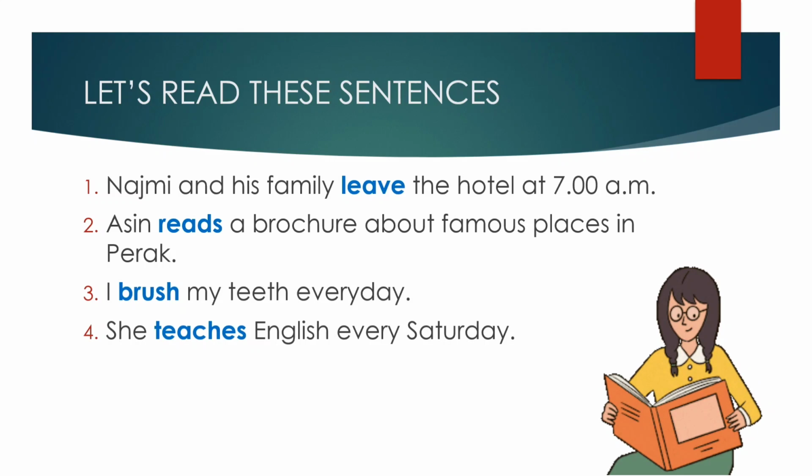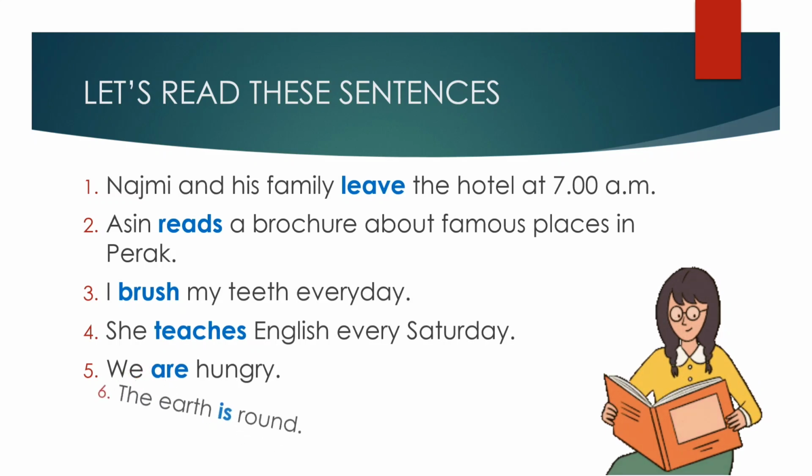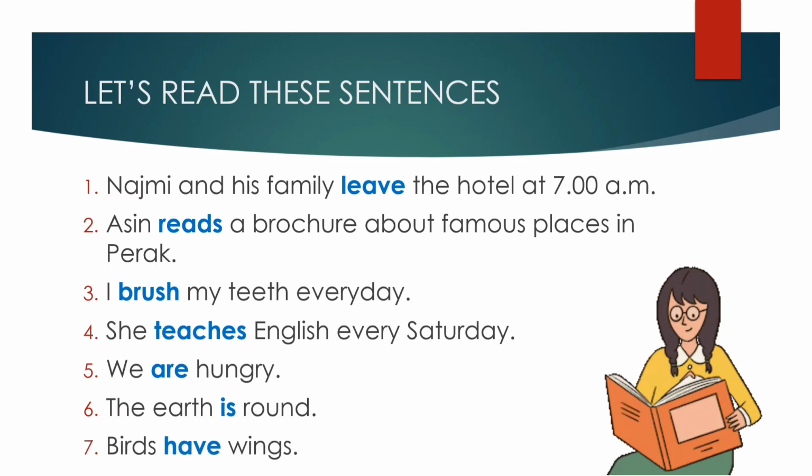She teaches English every Saturday. We are hungry. The earth is round. Birds have wings. As you can see, the words in blue color are the verbs in simple present tense.